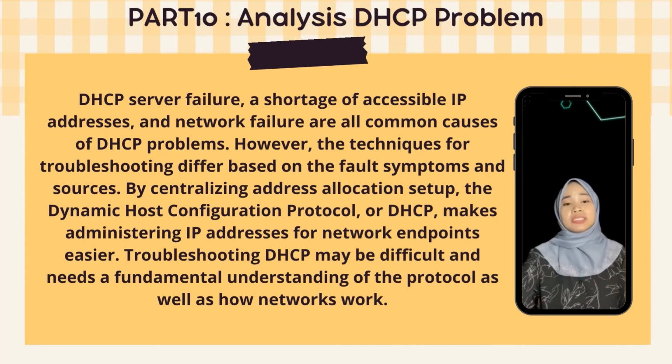By centralizing address allocation setup, the Dynamic Host Configuration Protocol, or DHCP, makes administering IP addresses for network endpoints easier. Troubleshooting DHCP may be difficult and needs a fundamental understanding of the protocol as well as how networks work. Some frequent DHCP issues and how to address them are listed below.